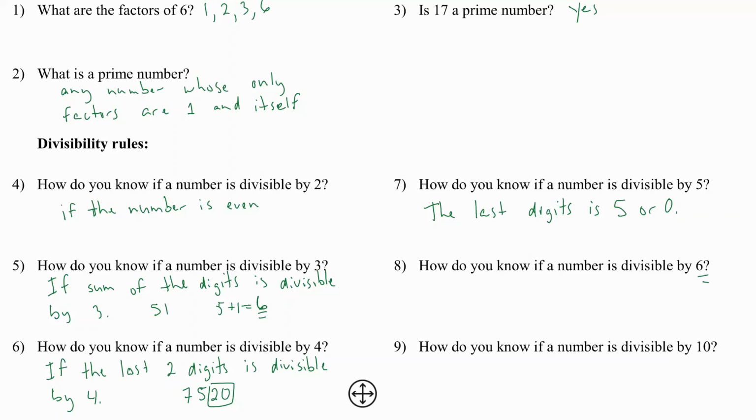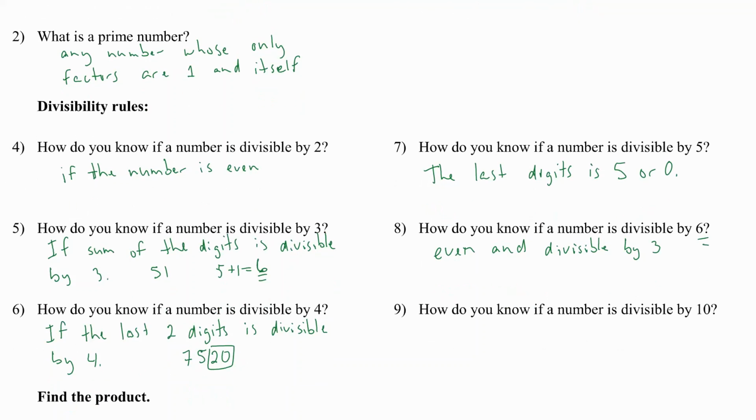It's even, so that means it's divisible by 2 and divisible by 3, and that should make sense. So if both 2 and 3 work, obviously 6 has to work. And probably the one that's most widely known, how do you know if a number is divisible by 10? The last digit is 0.